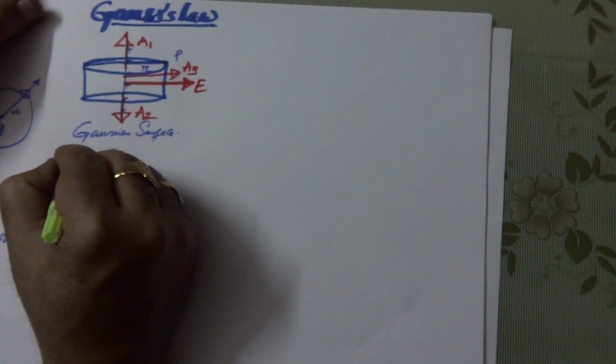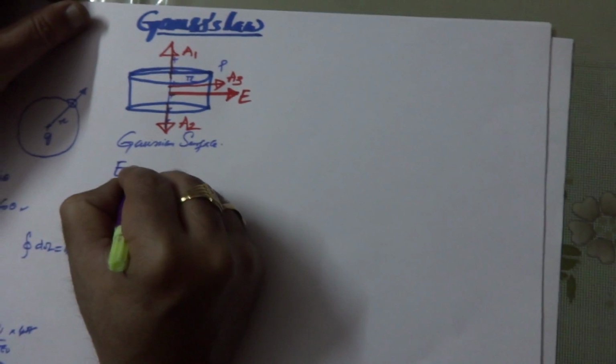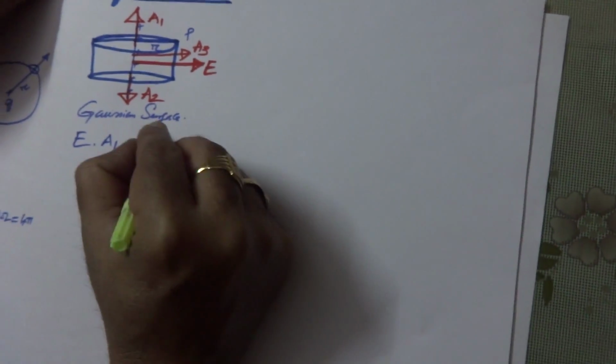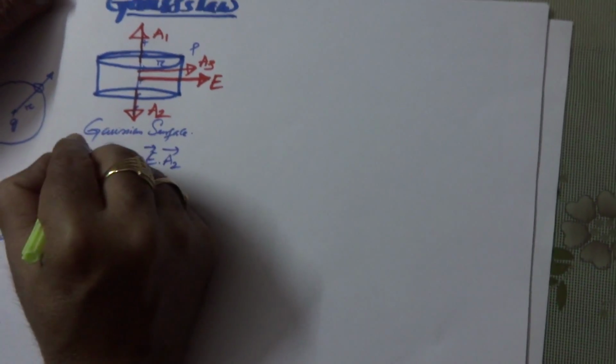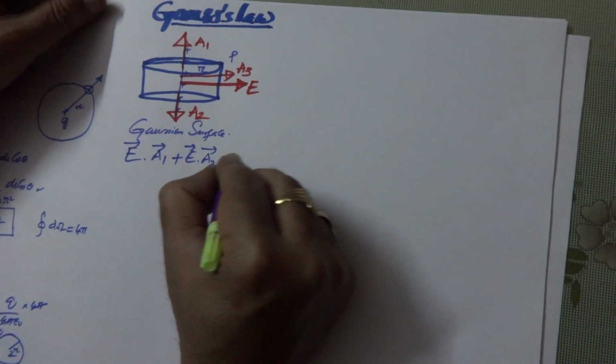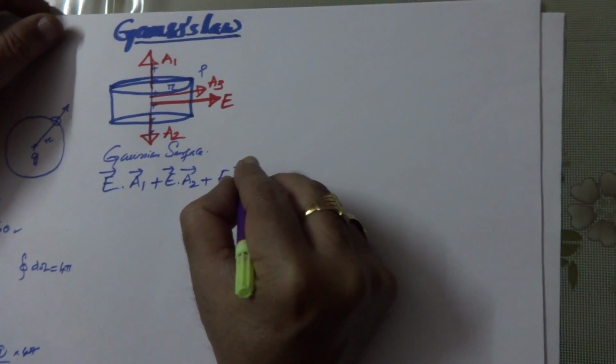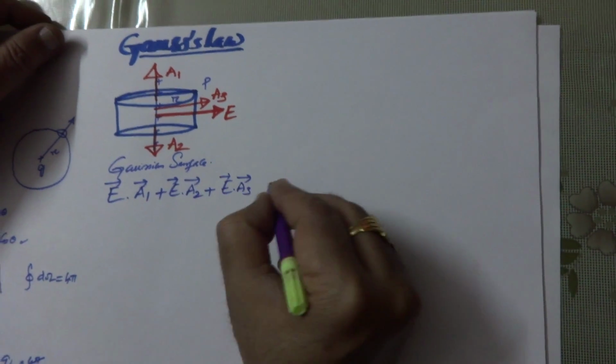Now, according to Gauss law, if you write the statement, E dot A1 plus E dot A2 and E dot A3, this is the total flux.